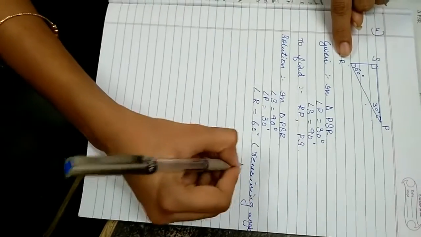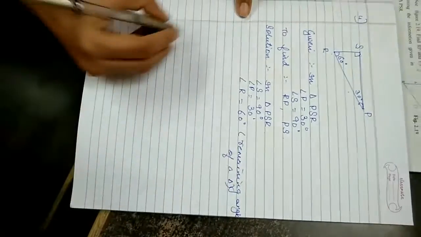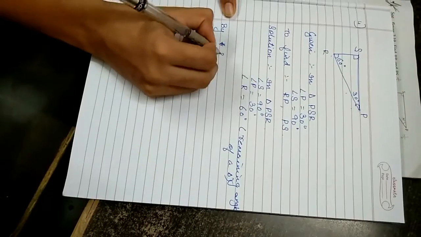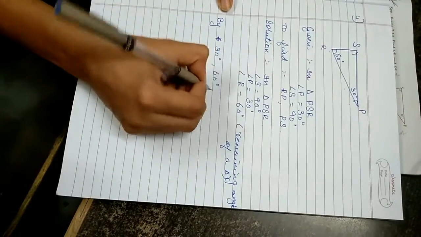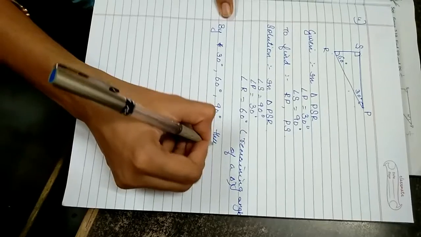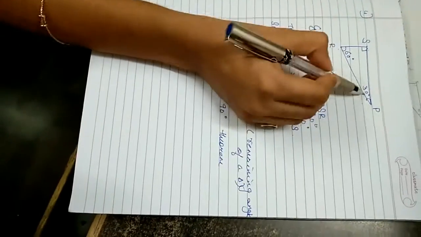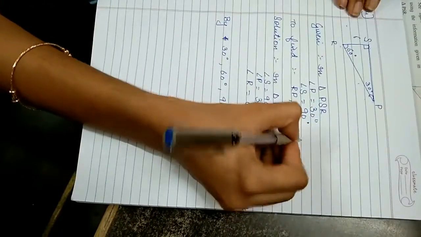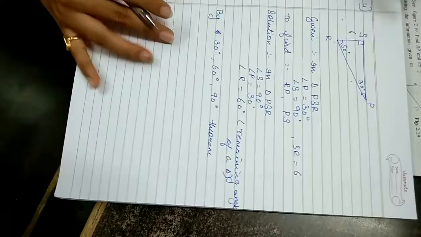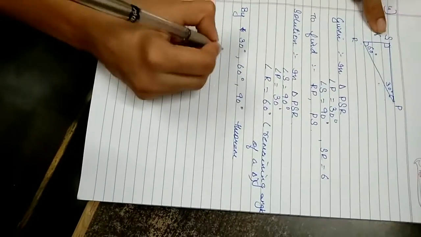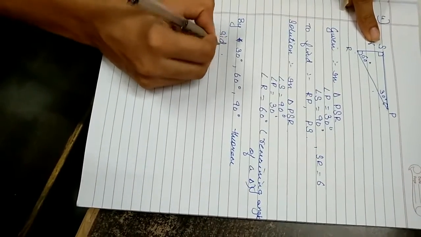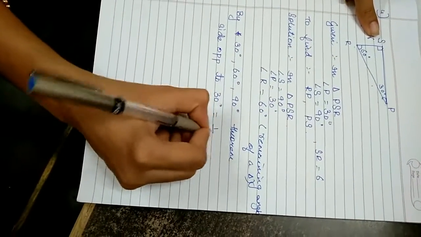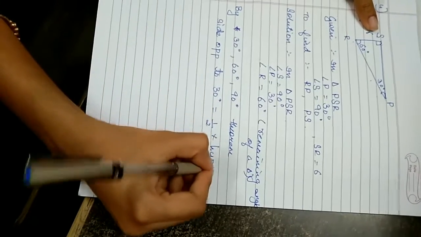Now we'll apply the 30-60-90 theorem. By the 30-60-90 theorem, the side opposite to 30 is given, SR is equal to 6. First we'll write the formula: the side opposite to 30 is equal to half into hypotenuse.